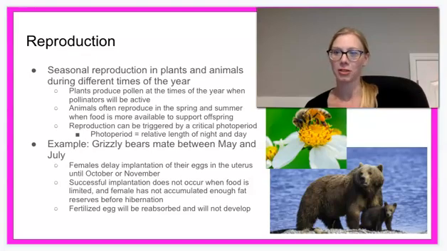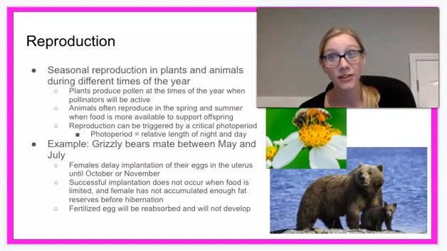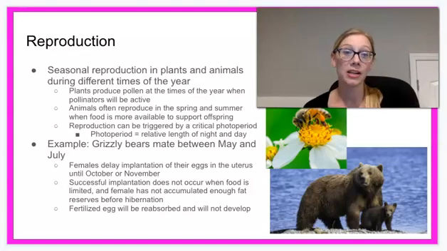It can spread their pollen and you can see more plants grow, right? Animals often reproduce in the spring and the summer when food is more available, right? We think about how things grow. And plants, right? And if we go back to our trophic levels and how everything is supported by one another, that really helps to support offspring.